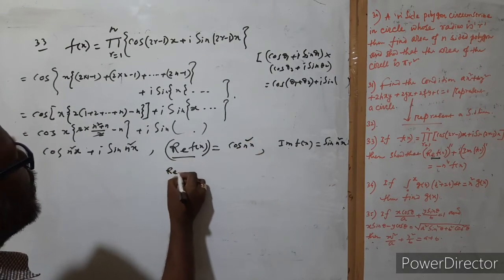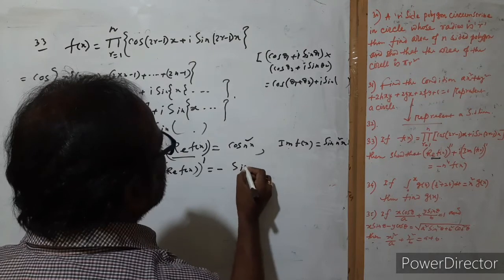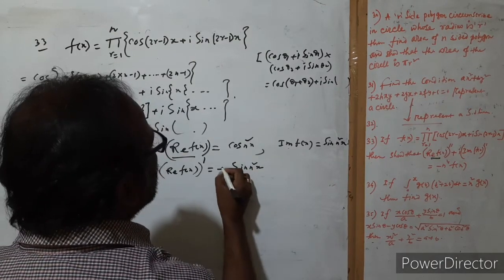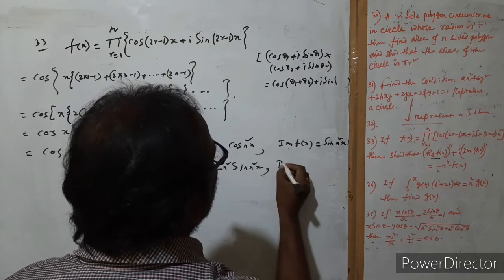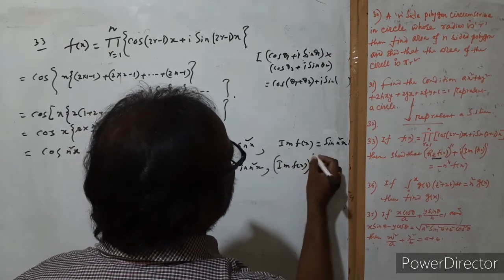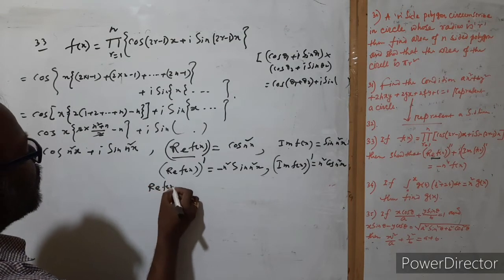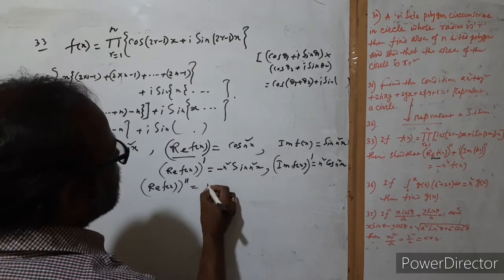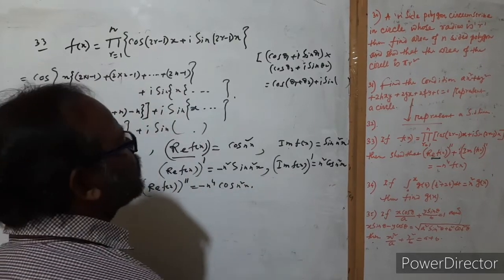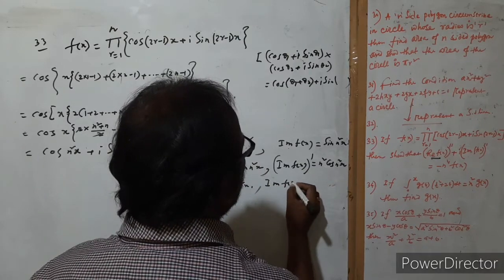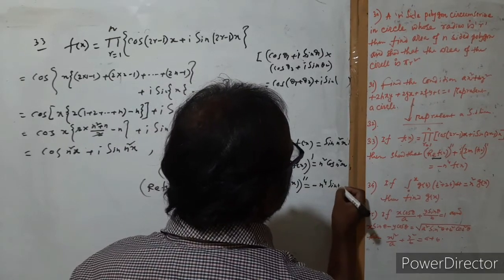If we differentiate Re f(x), the first derivative is −n² sin(n²x). The Im f(x) first derivative is n² cos(n²x). The second order derivative of Re f(x) is −n⁴ cos(n²x), and of the imaginary part is −n⁴ sin(n²x).